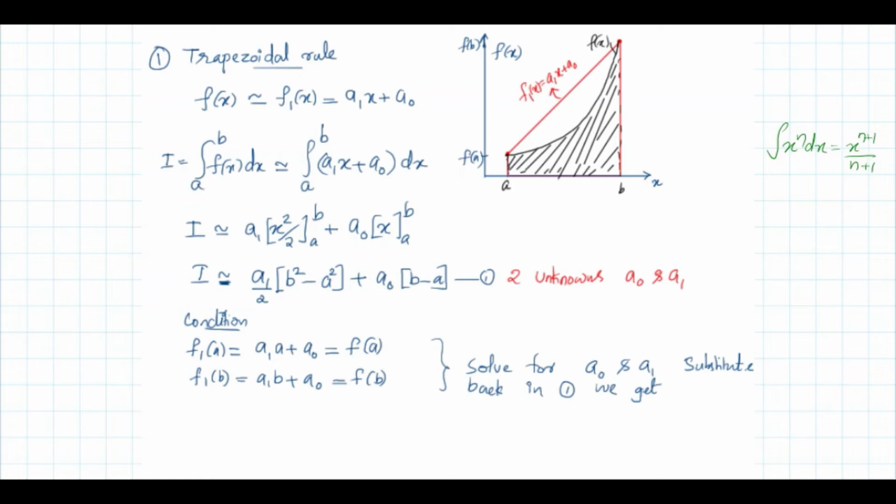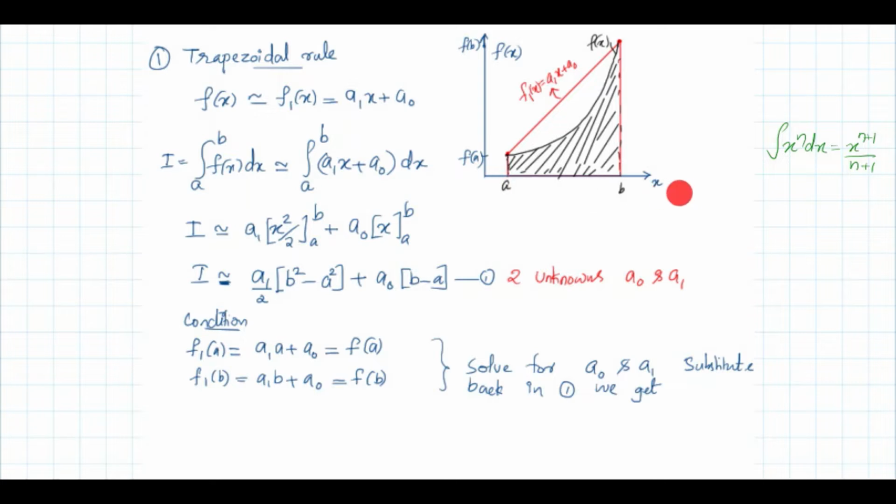First we will consider the trapezoidal rule. Here the original function f of x will be replaced with a first degree polynomial which has the standard form a1x plus a0. What is the geometrical meaning?